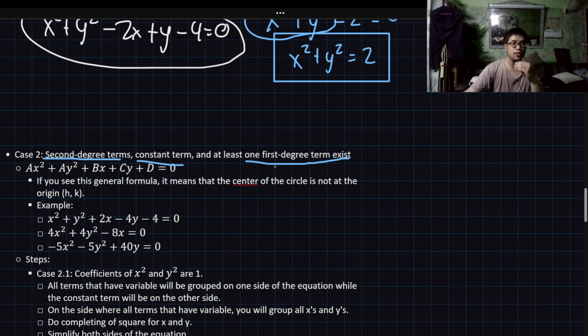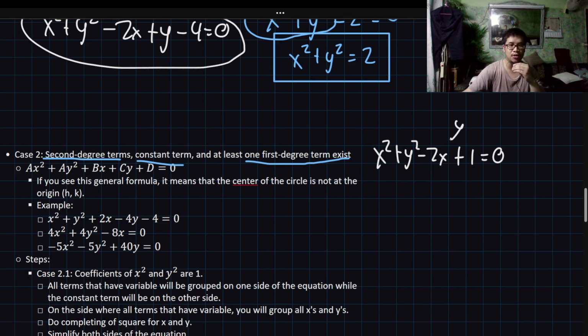So if it looks like this, even if, for example, there's no y but there's x, like let me write it here. Let's just say x squared plus y squared minus 2x plus 1. Even if there's no y here, this is still part of the second case.